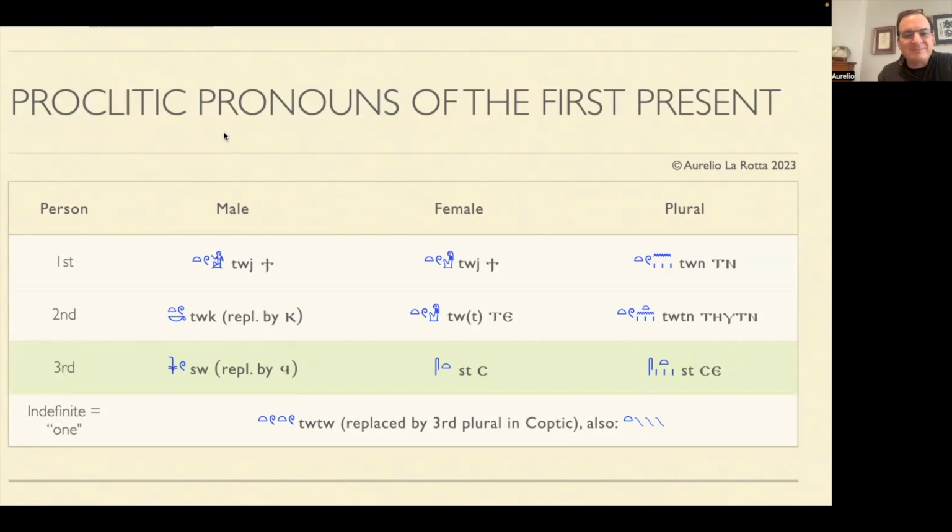They can only stand before a verb. They don't stand by themselves. And that's why they're called proclitic. You have proclitic, which is glued in front of another word. You have enclitic, which needs another word for them to hang on to. Yeah, that's where the name comes from.